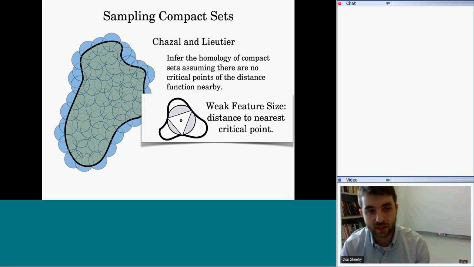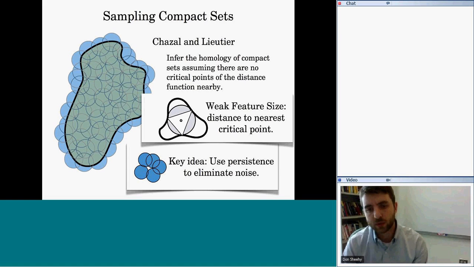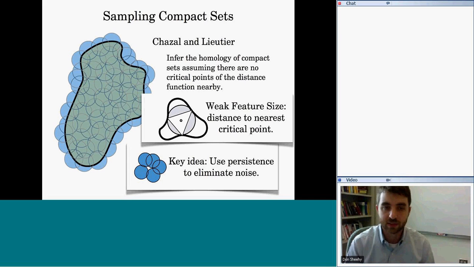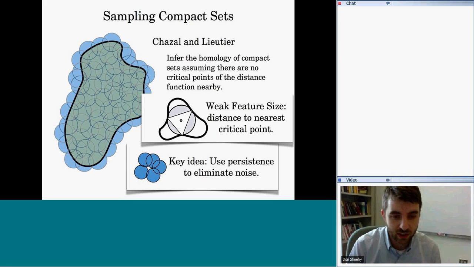But another trick they had to add here, which really was necessary, was to use persistent homology to eliminate noise. So the non-smoothness made it hard to infer the homology directly from the union of balls, because some sharp corners could cause small little bubbles here, like I've drawn. Can anyone see my cursor moving by any chance? To be able to point at this, can you?